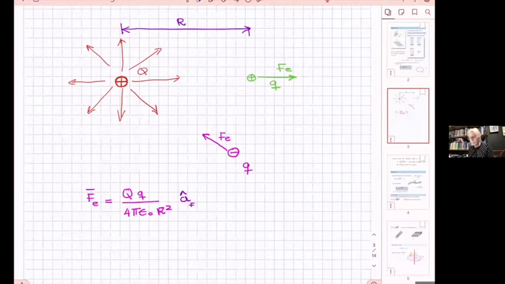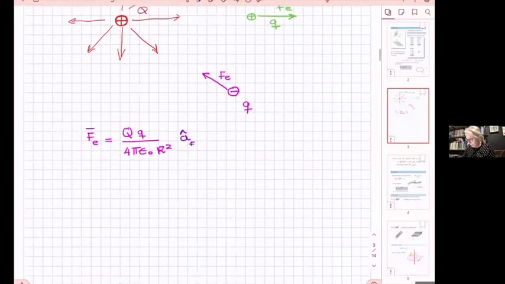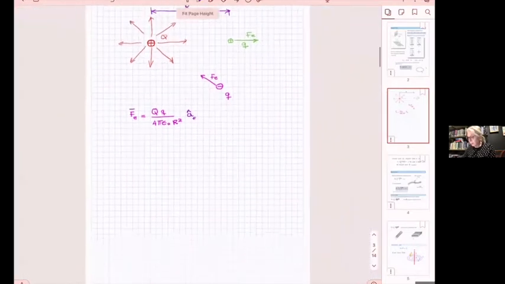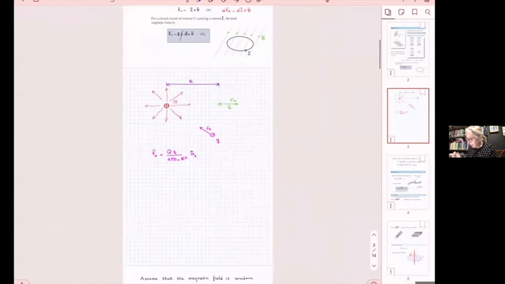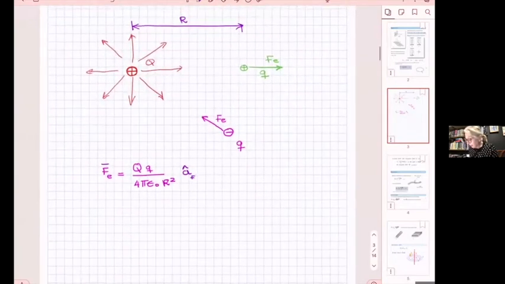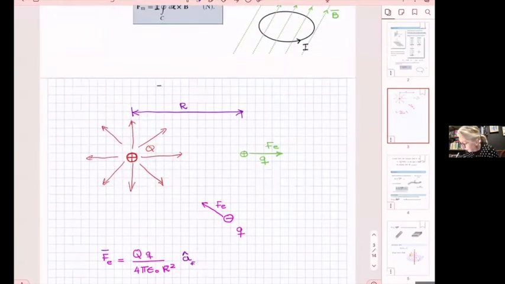All right. Now, this charge that we considered in electrostatics was the basis of electrostatics. So that was the electrostatic force. Okay.